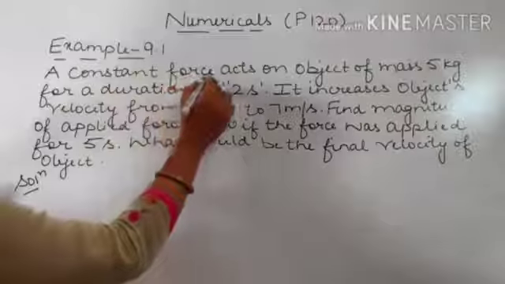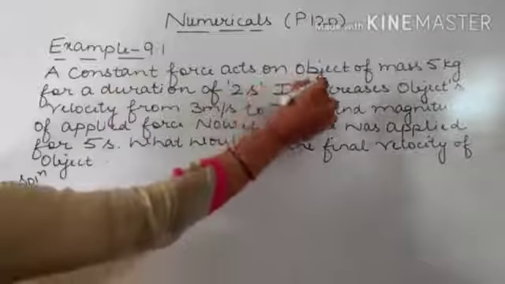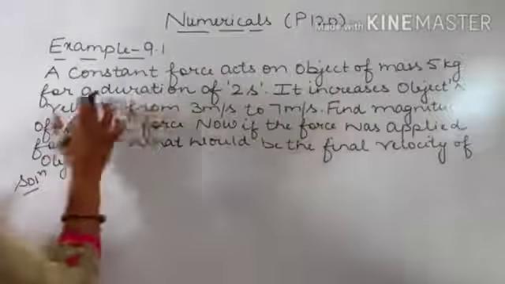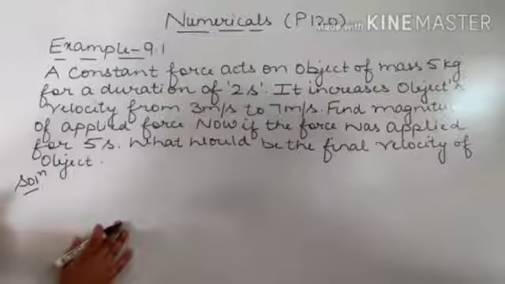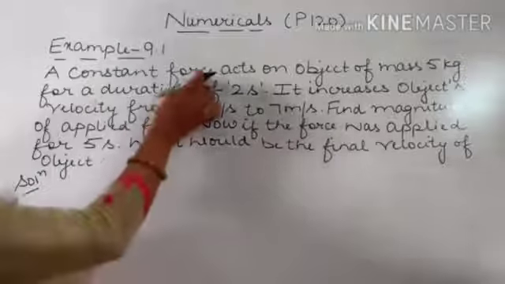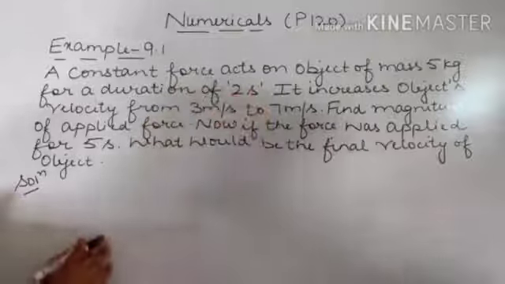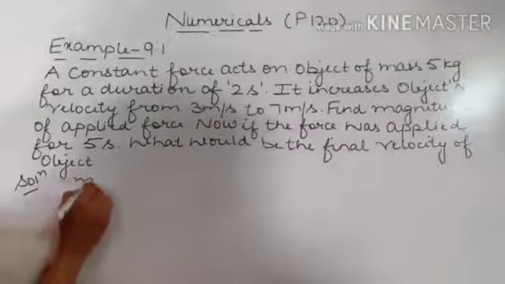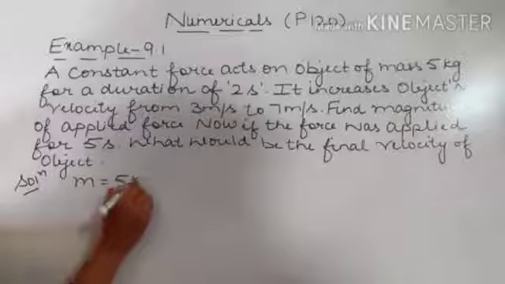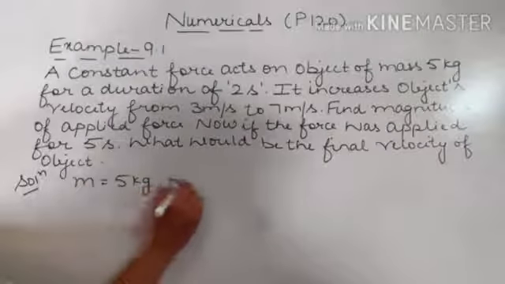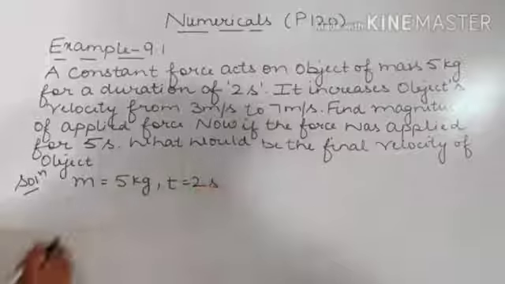A constant force acts on an object of mass 5 kg for a duration of 2 seconds. That means a constant force is applied on a given mass for 2 seconds. What is given? Mass is given, 5 kg. Time is given, 2 seconds.